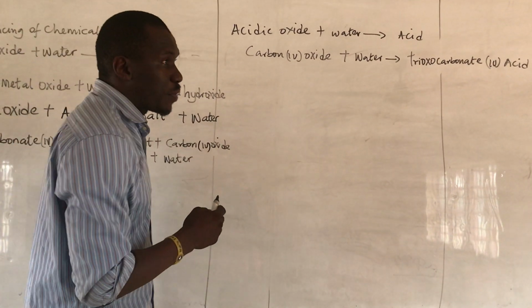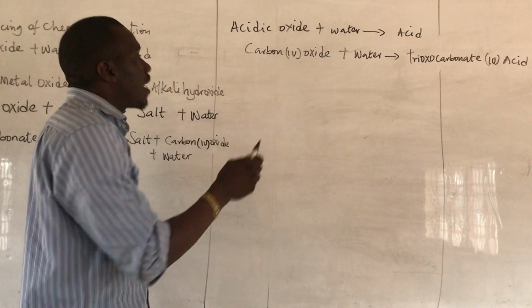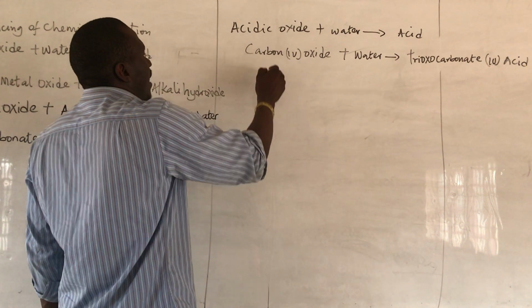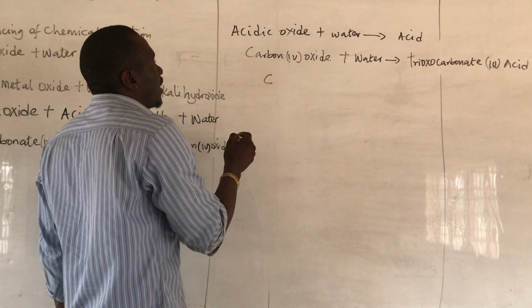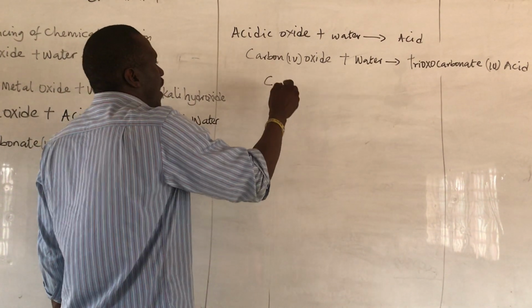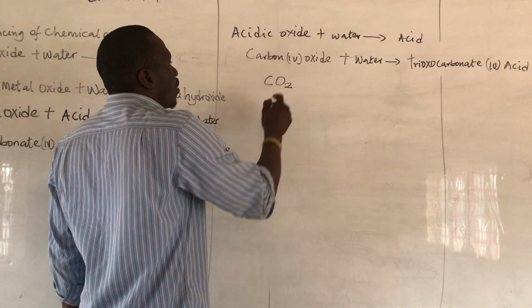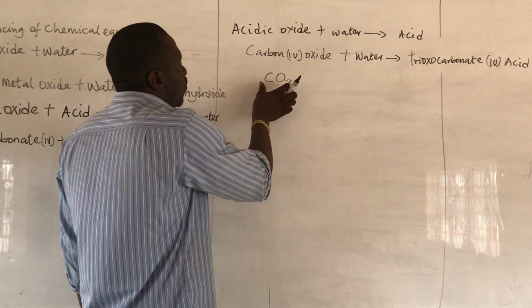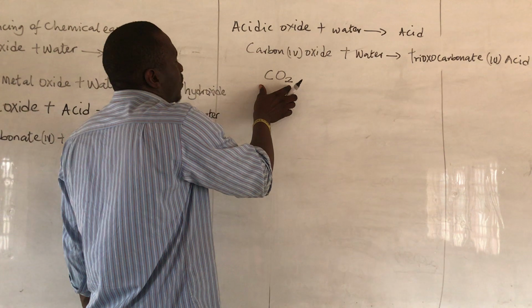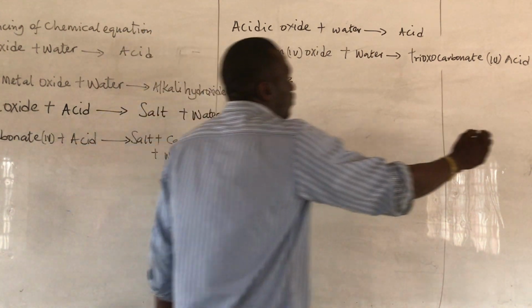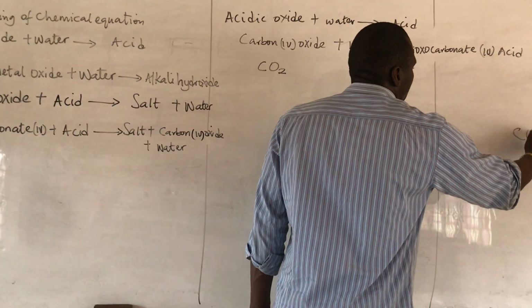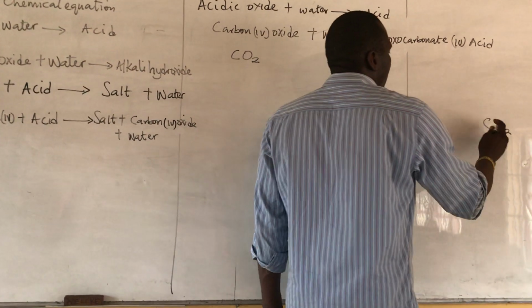Let's quickly represent them with our formula. So how do we get it? We know that there is a carbon, then carbon 4 oxide, CO2. In the previous video, we were told how to get the oxidation states of elements. Let's quickly see again for revision purpose. CO2. We want to name this compound.